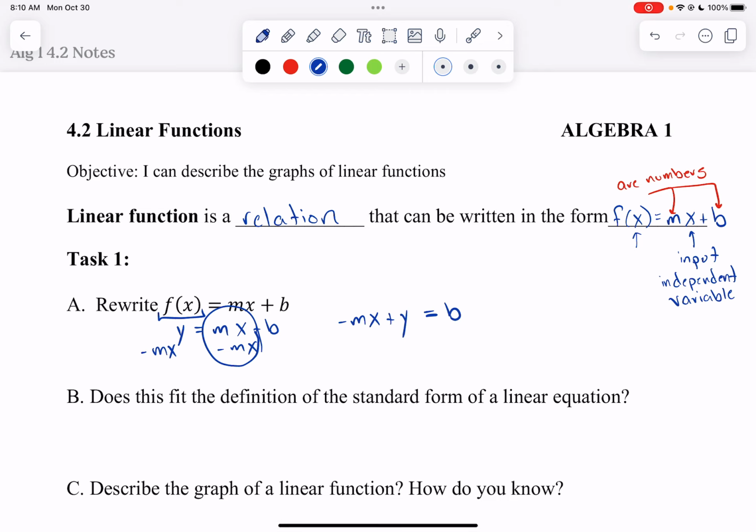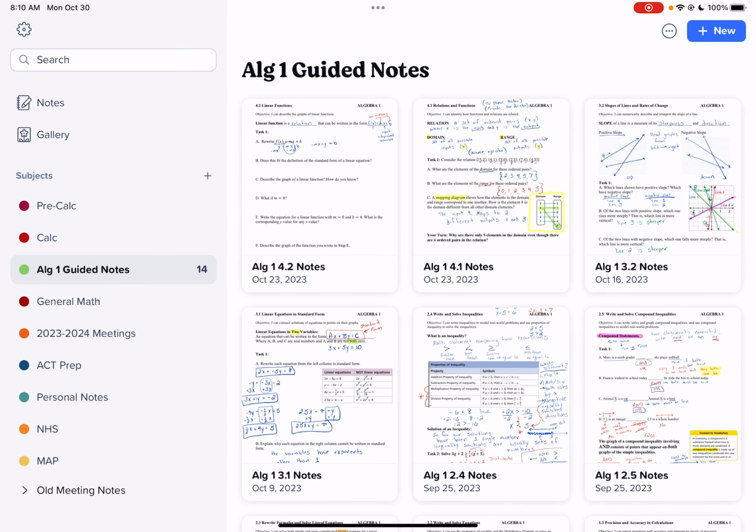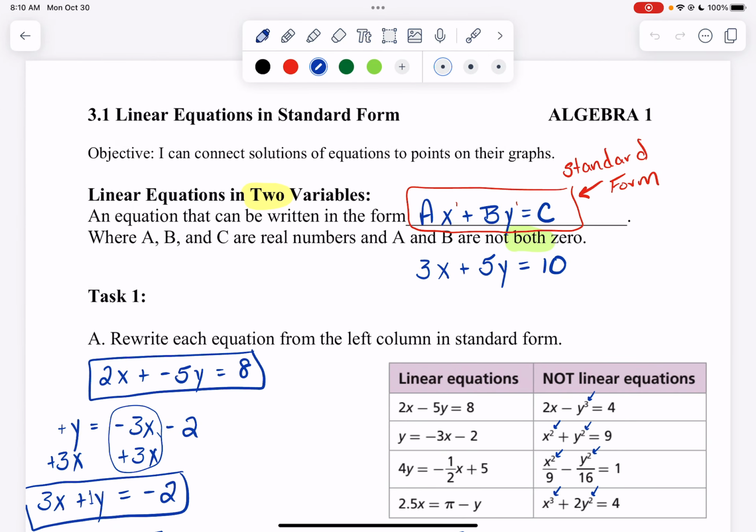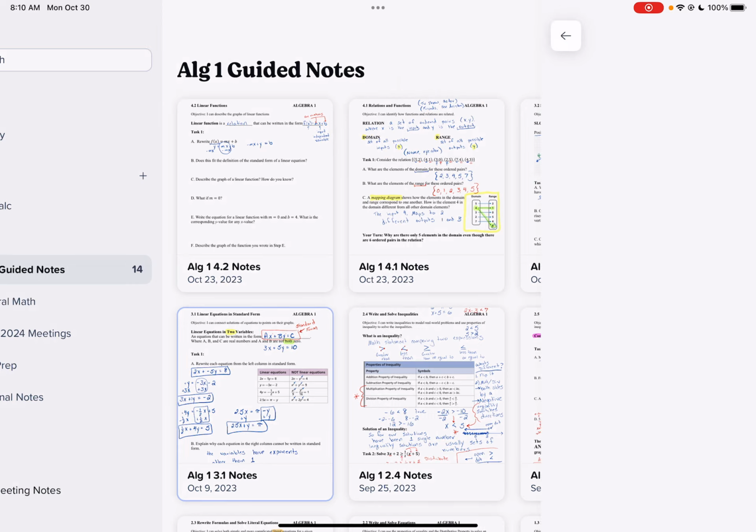Now, if we look at this, does this fit the definition of the standard form of a linear equation? If we go back to chapter 3, there are our 3-1 notes. Our standard form of a linear equation was ax plus by equals c. So let's write that down.